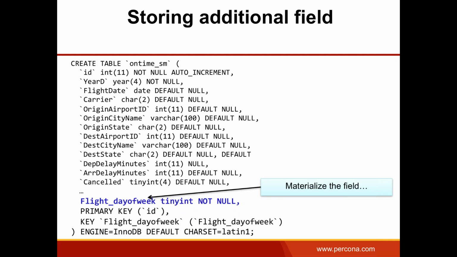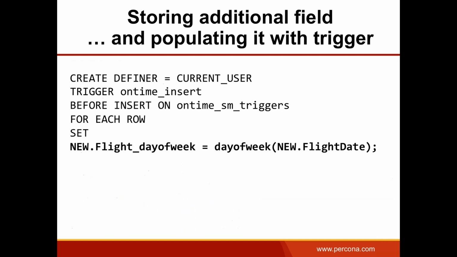We need to update it every time you insert rows into this table, and if you update the table, this needs to be changed as well. We can obviously change the application, but sometimes it's hard to find a piece of code that maintains this table. What we can do is to use triggers.